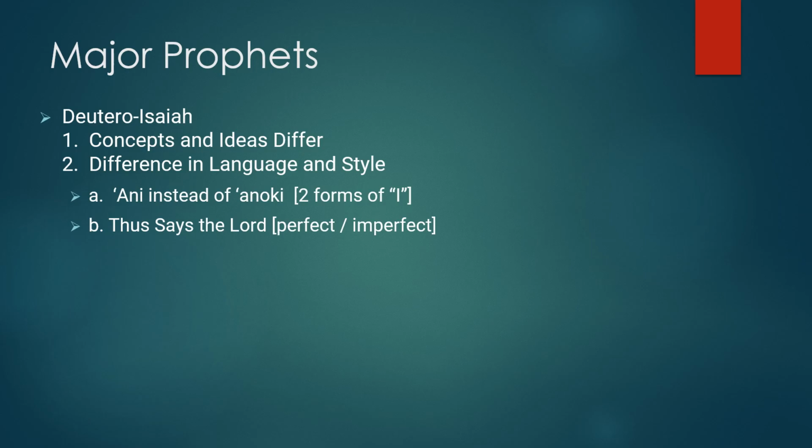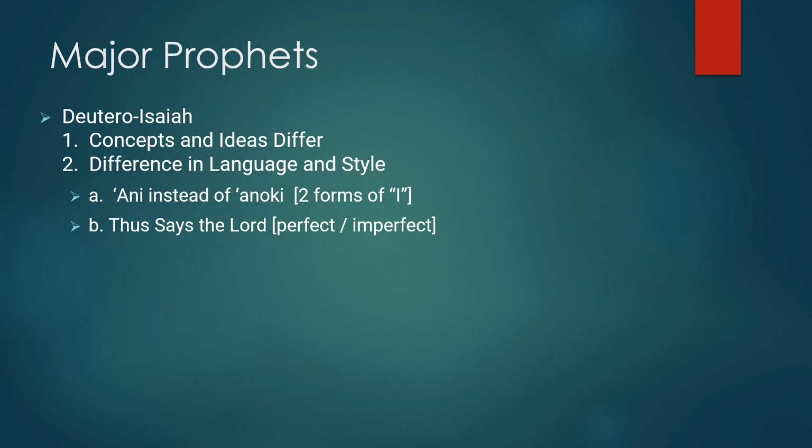In other words, Alder is saying that anoki is used less in the post-exilic period. If you analyze the post-exilic and exilic books, it tends to be used less than it tends to be used in pre-exilic times. In other words, this is not a strong argument for a late post-exilic date for Deutero-Isaiah.